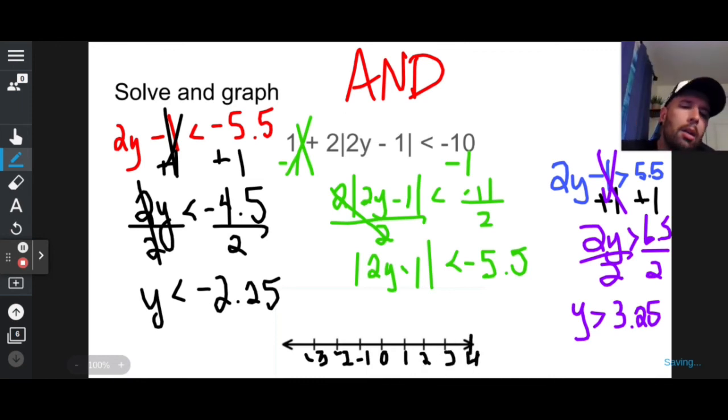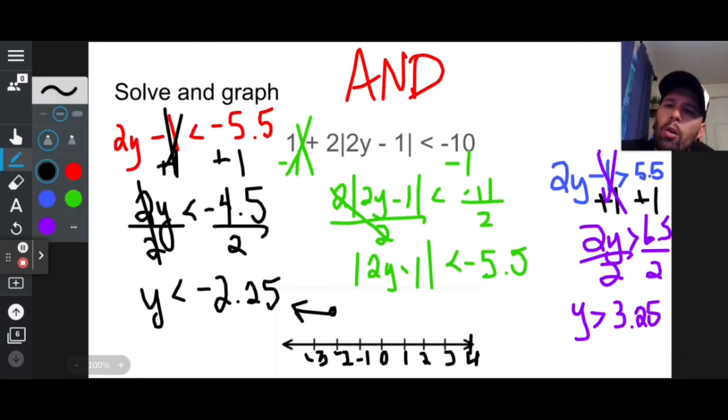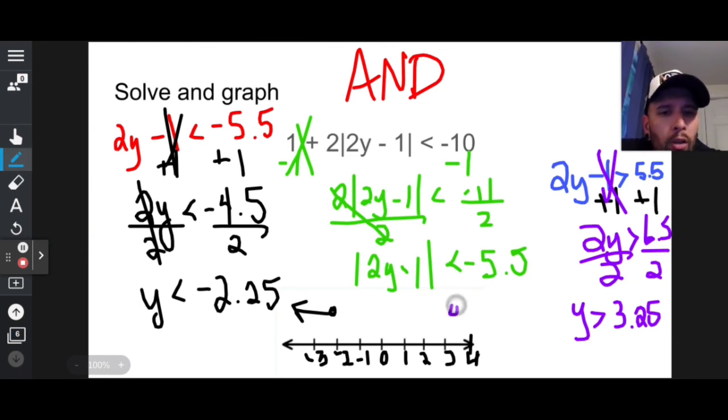Since this is an and statement, I'm going to put a dot at negative 2.25, which lives right around there, and I'm going to go to the left, don't fill it in. And I'm going to put a circle for purple right around there, don't fill it in, go right. And I need to find out where these two lines overlap.